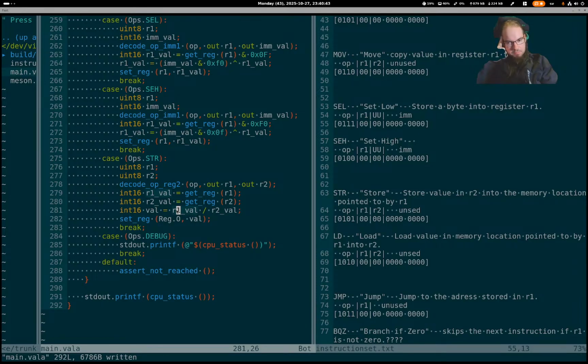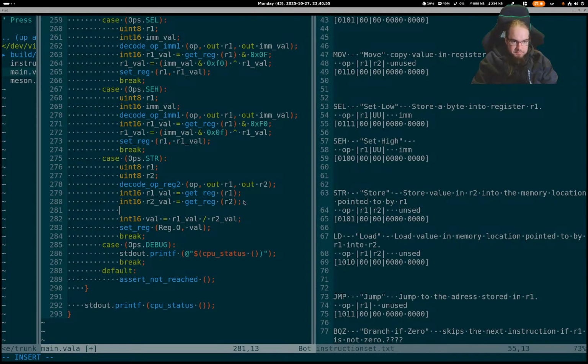Does that work? I need to get a pointer to the memory. Right. Pointer. Hello? Pointer's a type. Yeah, pointer's a type.